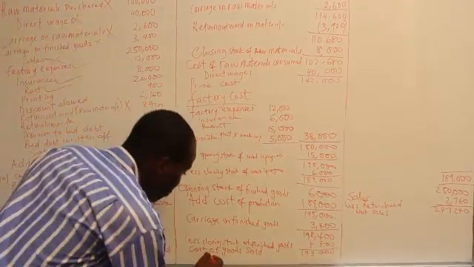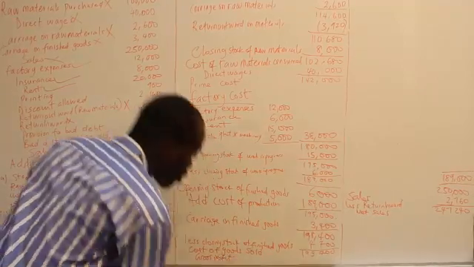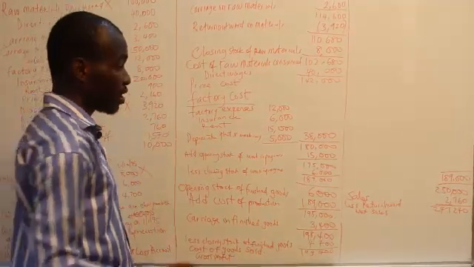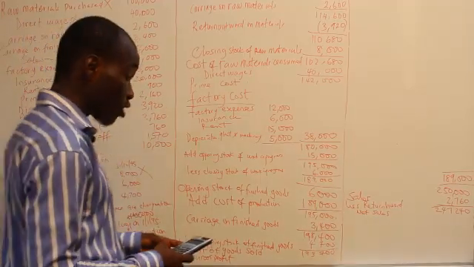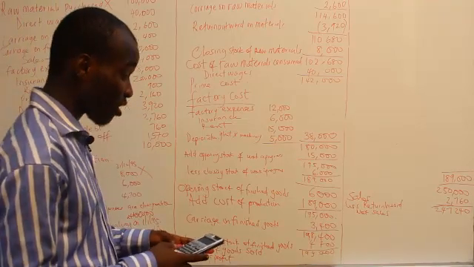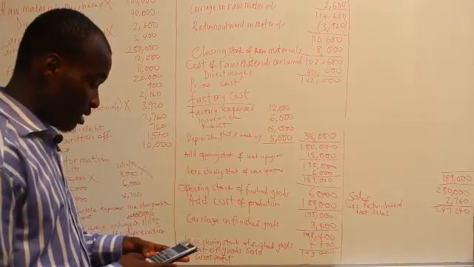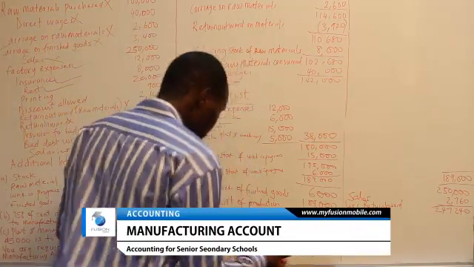Gross profit is the difference between net sales and the cost of goods sold. The net sales of 247,240 minus the cost of goods sold, and our gross profit is 53,540.